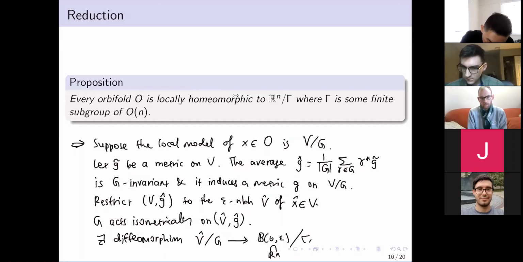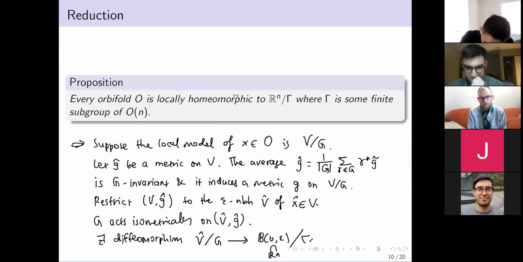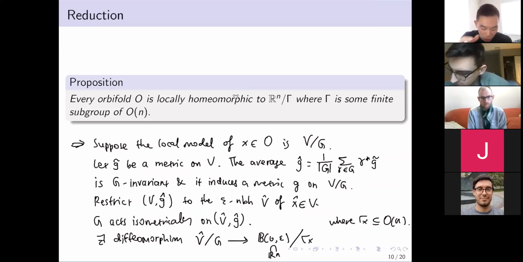I'm gonna call this Gamma X, where Gamma X must be a subgroup of O(n). The reason is that G acts isometrically with respect to this metric, so there's an obvious identification of this G with some subgroup of the orthogonal group. That's just a rough idea, really.